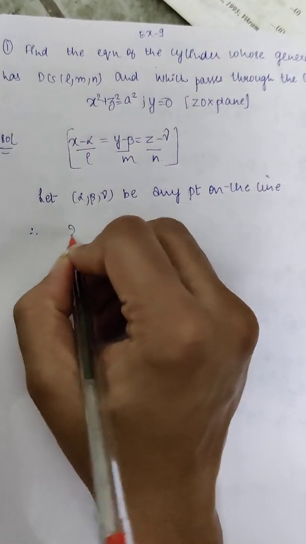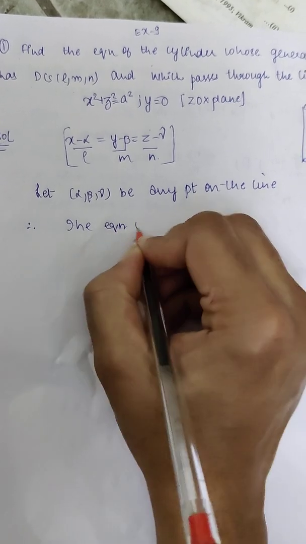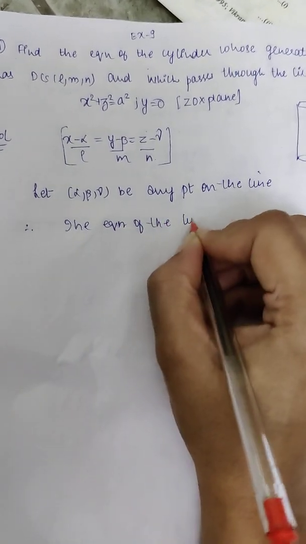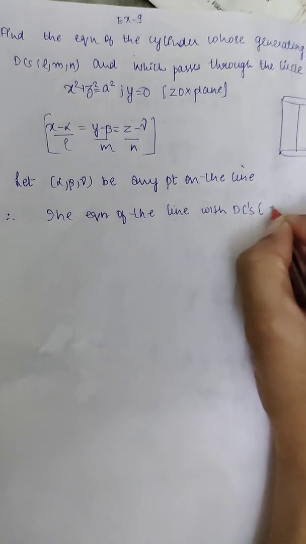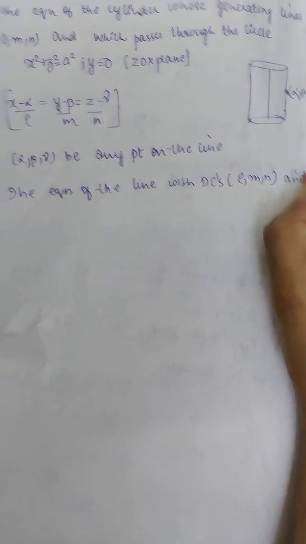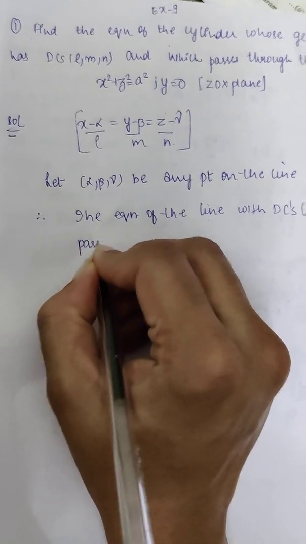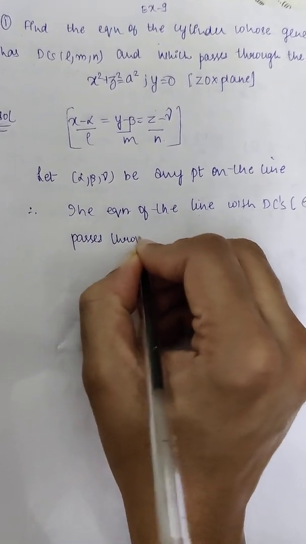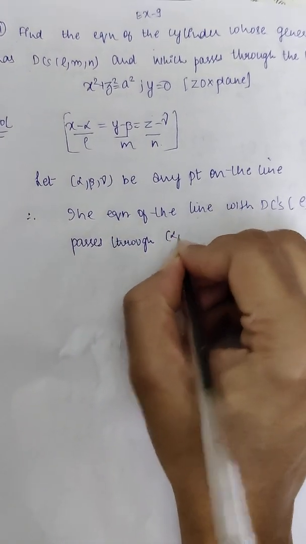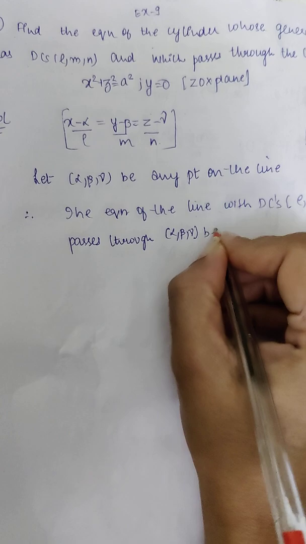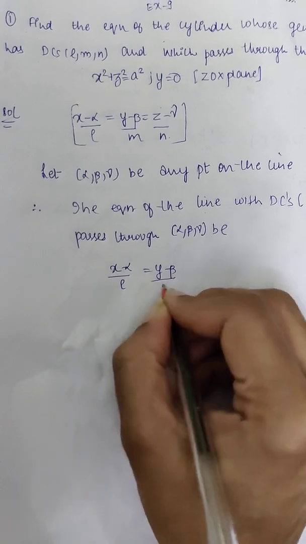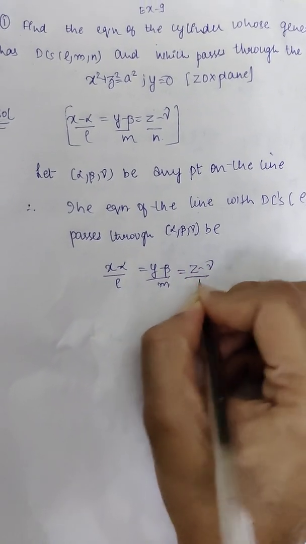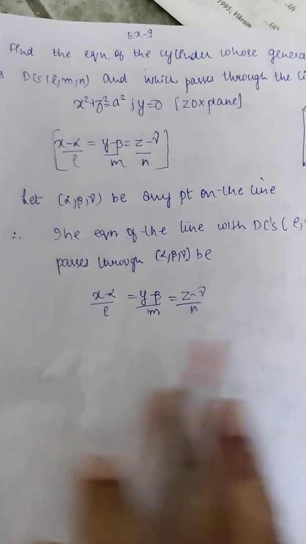Therefore, the equation of a line with DCs l, m, n and passing through alpha, beta, gamma is x minus alpha by l equals y minus beta by m equals z minus gamma by n. So whatever he mentioned is clear, and I'm able to construct this.